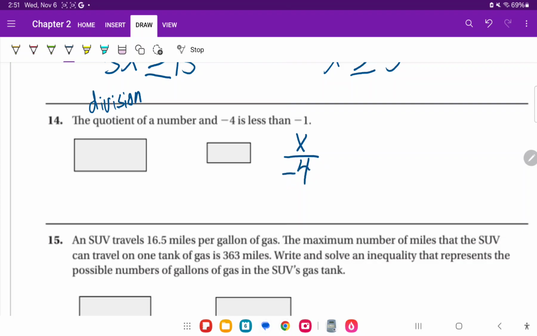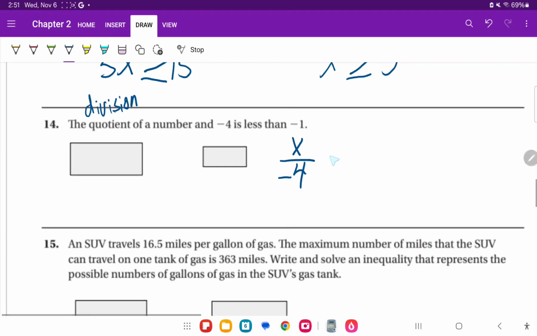The "and" is telling me what the other number is. So the quotient of x and negative 4, in other words, the x, which is the number, divided by negative 4, is less than negative 1. There's no special less than or equal to or anything like that.